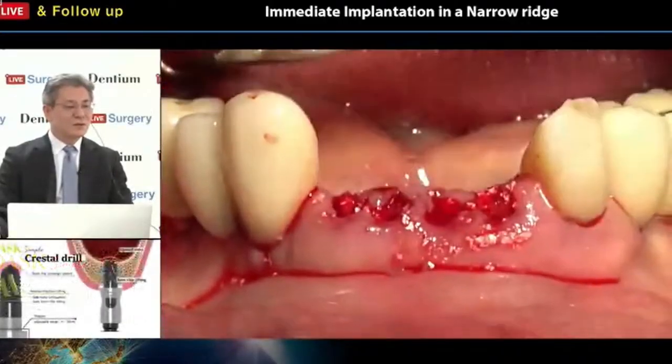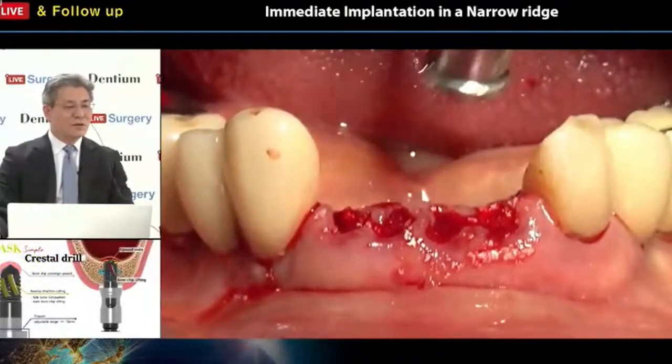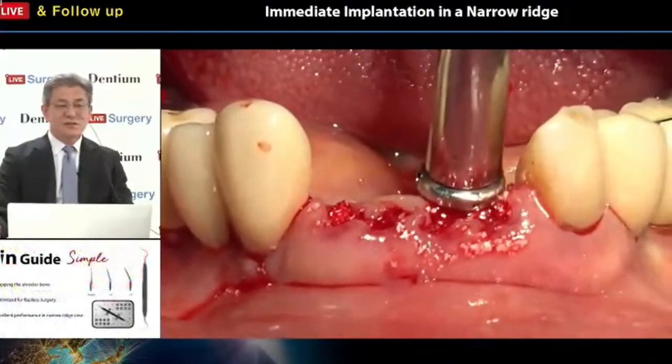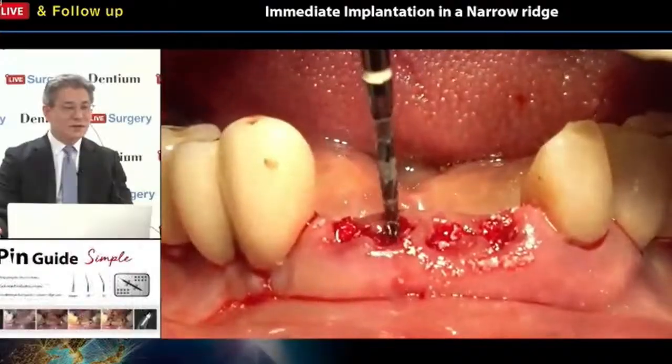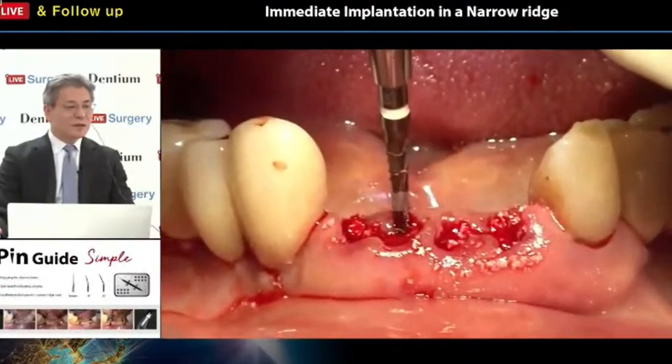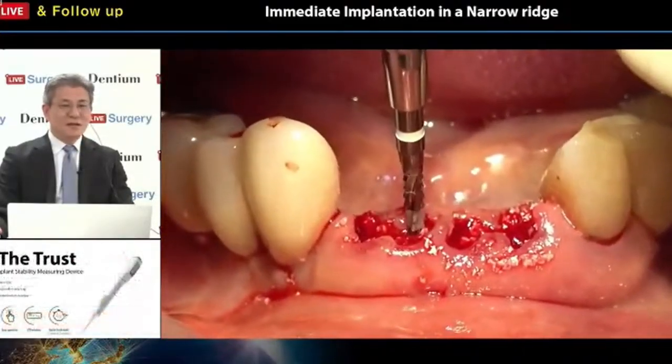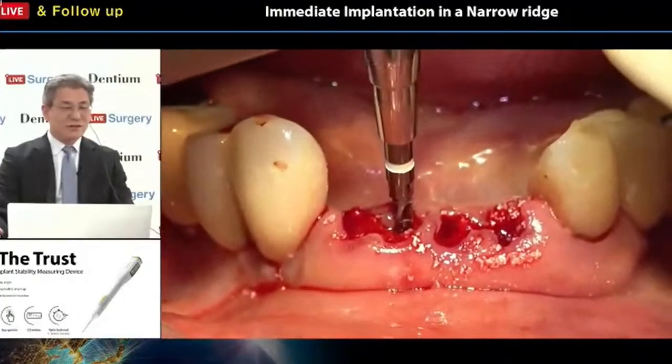So, in today's surgery, we will use a 2.0 diameter. This Lindemann is a final drill, right?